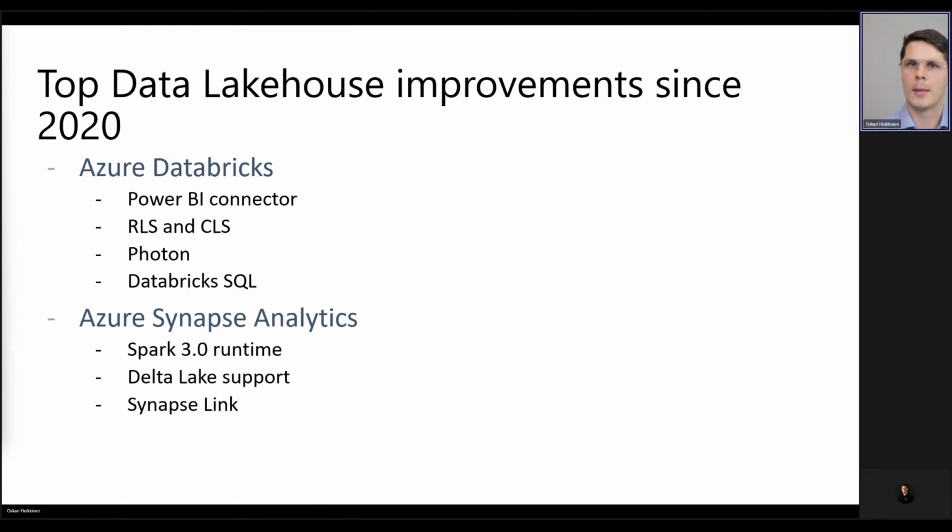Then from a fundamental perspective, row level security and column level security are available directly on Databricks.